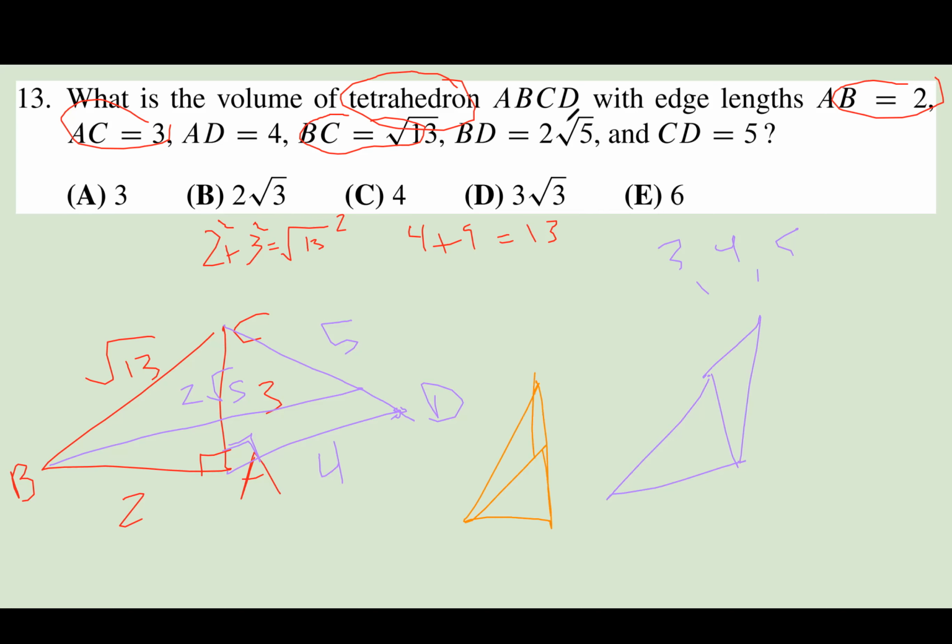There's really no easy way to draw it. But basically, D is up here, and DC is 5, and then DB is 2 root 5. And DA is 4, so that's 4.